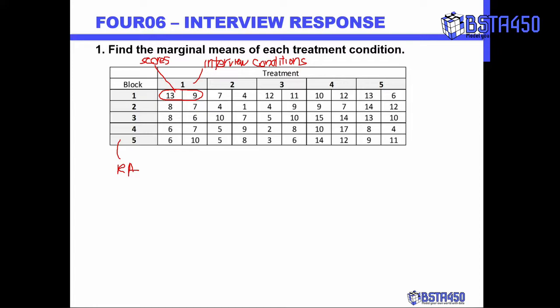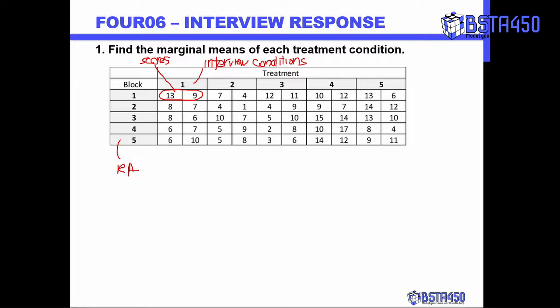So starting off with this first interview responses. These are, I believe, scores that are given from the interview, and under each of the treatments, there were 2 people who were interviewed by the same researcher under the same treatment. With this, you can calculate your marginal means for each of the treatments, and then we'll be able to create a plot.